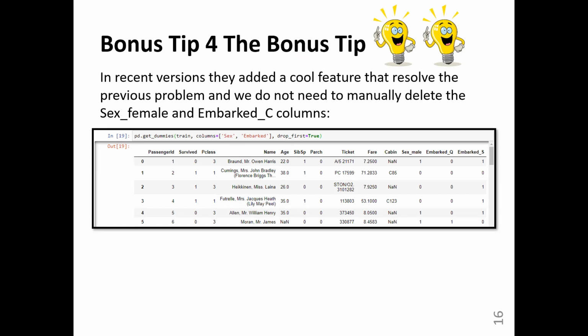So technically, if sex underscore female is the first column, I'm going to drop that. And if embarked underscore C is the first column, I'm going to drop that too. And it is almost recent. When I say recently, 6 years ago, it was added. So you don't even need to touch the drop command.